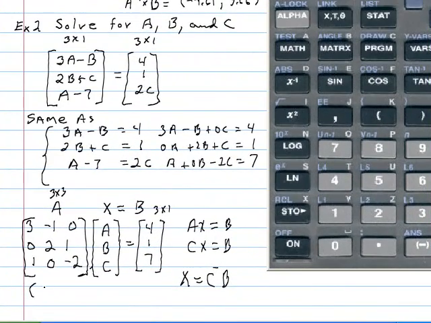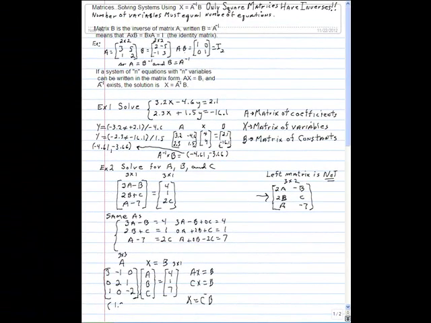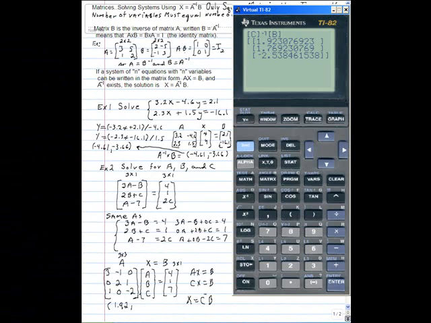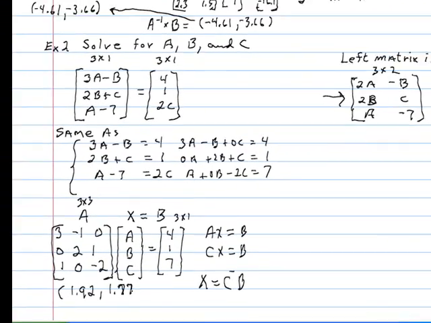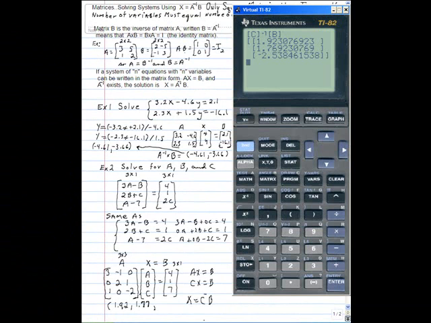Positive 1.92 for X, 1.77 for Y, and for Z, negative 2.54 right up here.